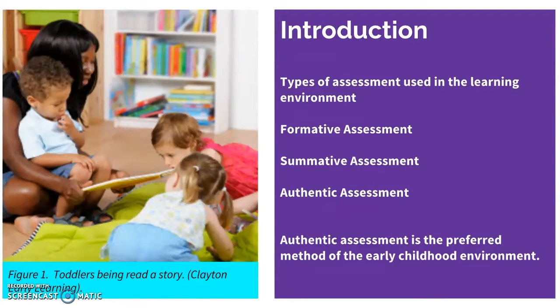Summative assessment, which is conducted after an established period of learning. And authentic assessment, which focuses on the child using gained knowledge in a practical manner. Of these presented, I believe authentic assessment is the most appropriate method of assessment for the early childhood environment.